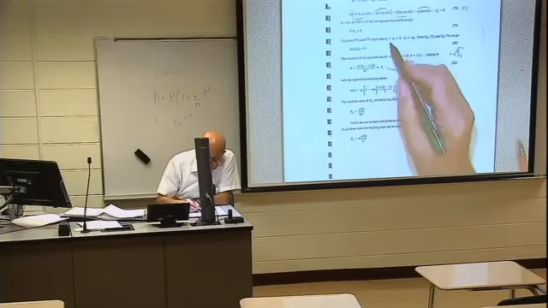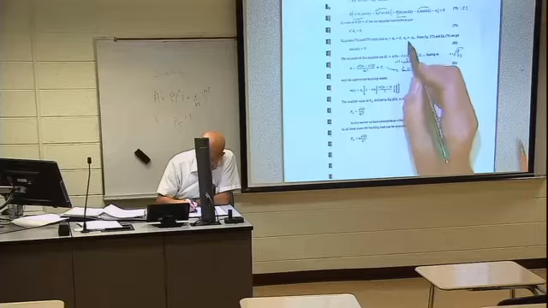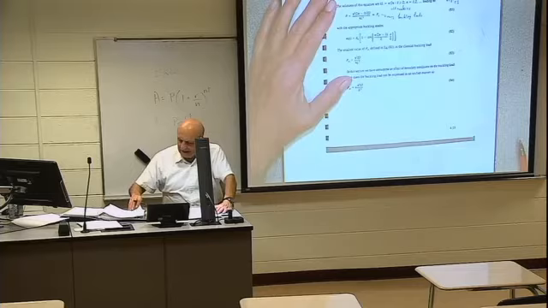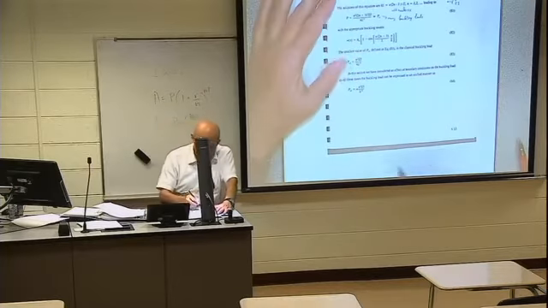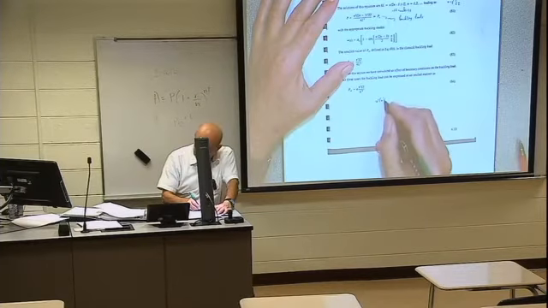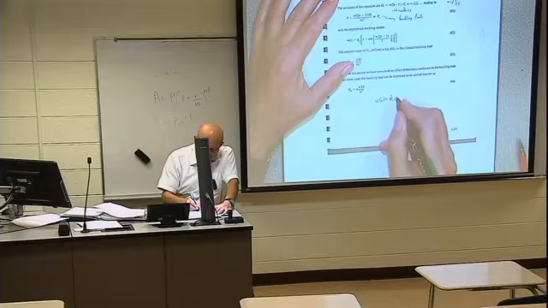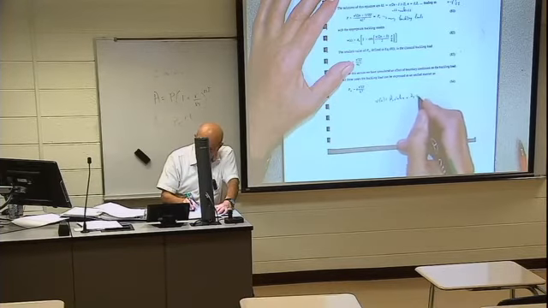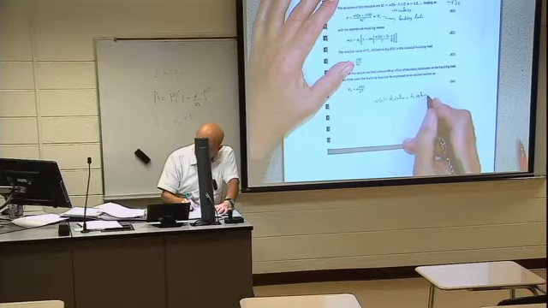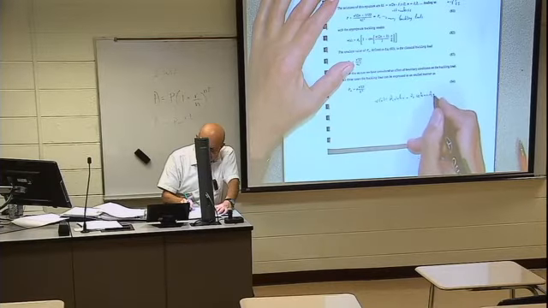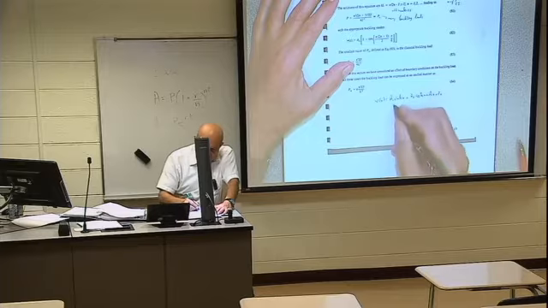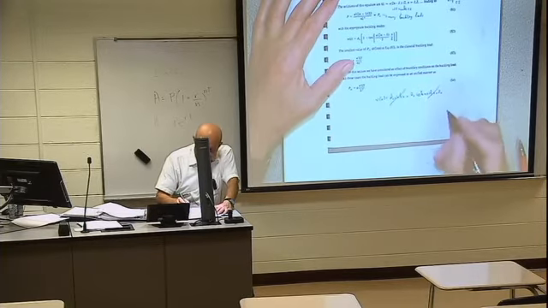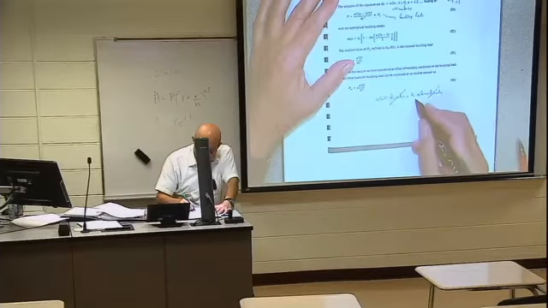Now, a1 equals a3 equals 0, a2 equals minus a4. So let me write it down. The expression was V of x equals a1 sine kx plus a2 cosine kx plus a3 x plus a4. a1 is 0, a3 is 0, but a4 equals minus a2.